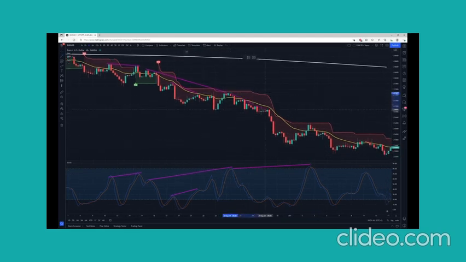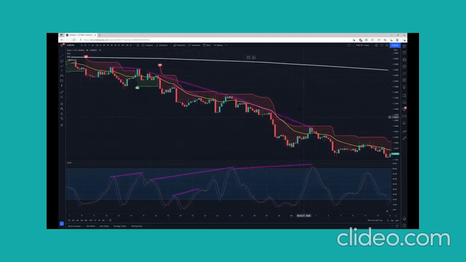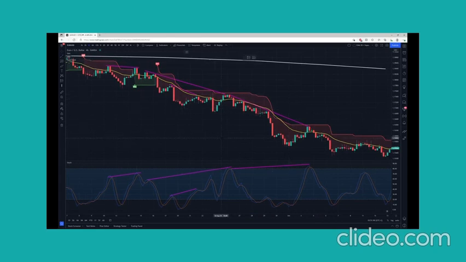If we look to here and then look down at this pullback here, we get the hidden bearish divergences quite frequently throughout this downtrend. And you actually get it right here when you get this buy signal on the super trend, which is another reason to not take this buy signal other than the fact that it is below the daily 200 period exponential moving average.